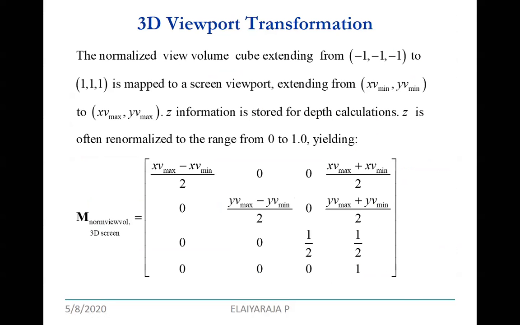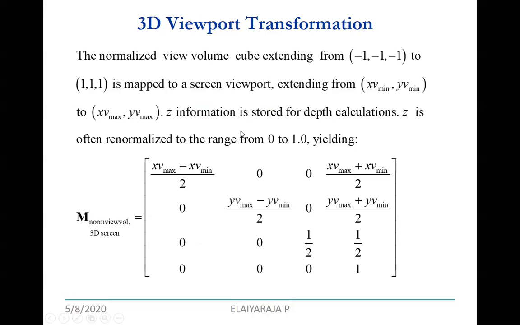Next, about 3D viewport transformations. If you take any object with respect to your projection, perspective or parallel, finally you are going to look at the particular object model on any screen coordinates. For that, you have to perform the clipping.